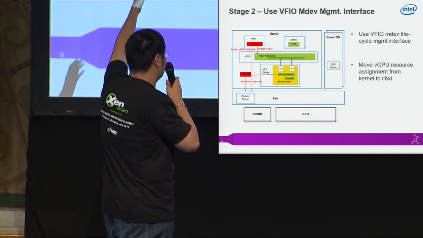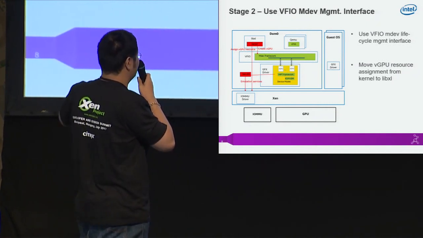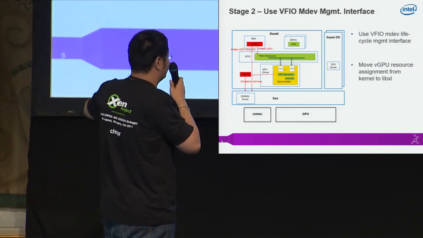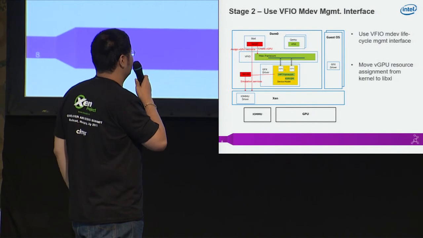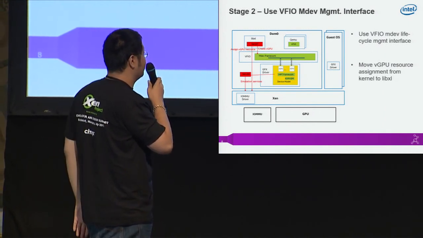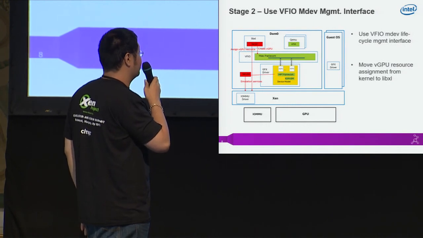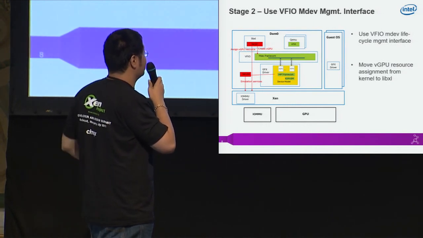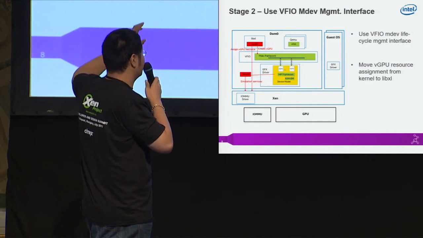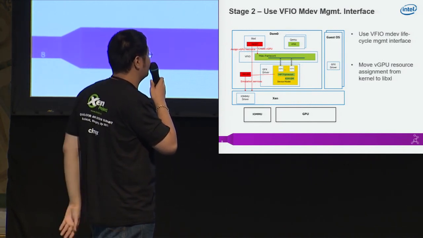And so everything could work just like before. But you can see that we only use the MDEV framework as a vGPU lifecycle management framework. Also, because we have a DMA buffer sharing mechanism based on VFIO, in stage 2 or the service from VFIO, I think we can already use it at this stage.